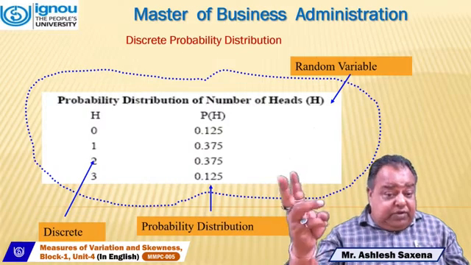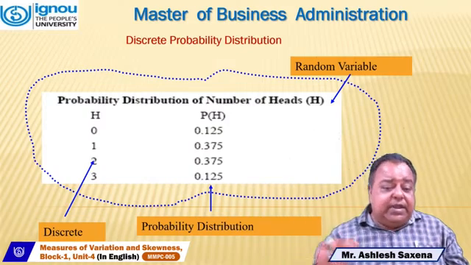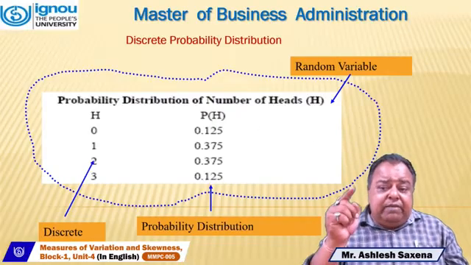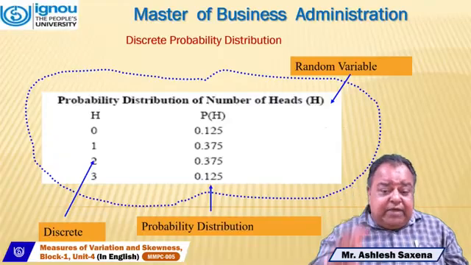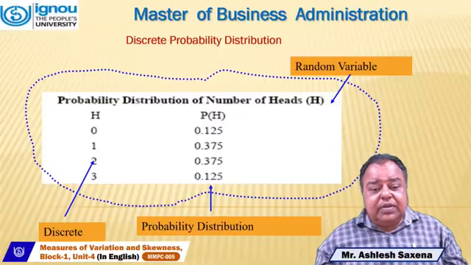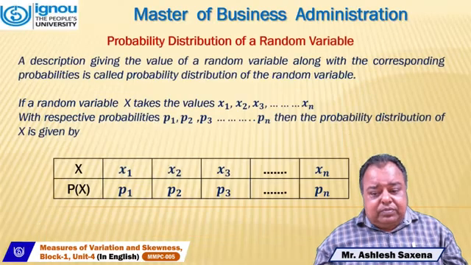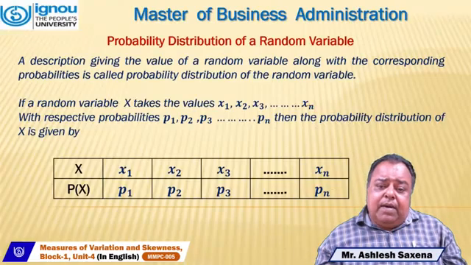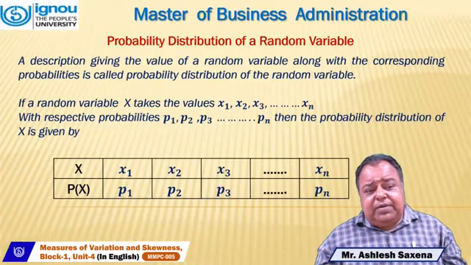Respective probabilities are given. This is the probability distribution, and the random variable is the number of heads. When you add these probabilities, you get 1.